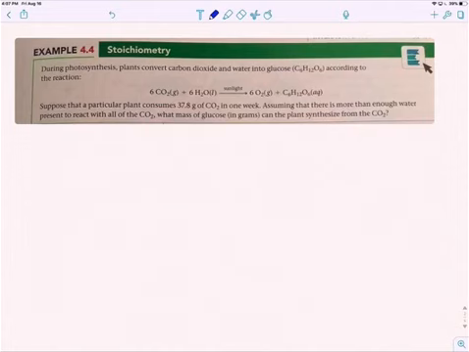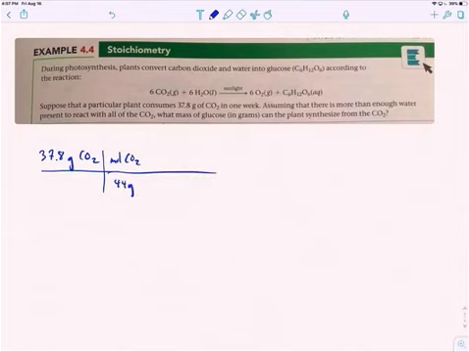So we have 37.8 grams of carbon dioxide, and then 1 mole carbon dioxide to 44 grams carbon dioxide. I'm getting that from 12 for carbon plus 2 times 16 for oxygen is 44. And here is a new step for you. We have 1 mole of glucose to 6 moles CO2.